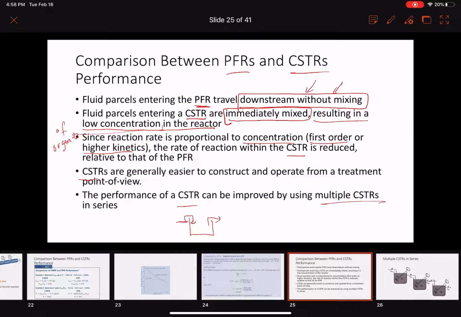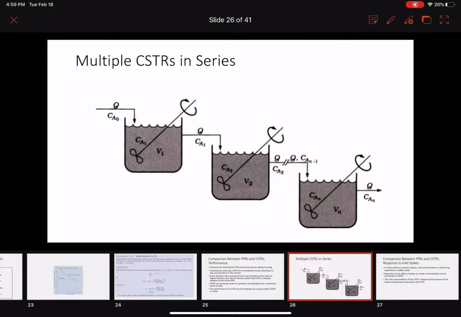Sometimes you'll have 3 CSTRs in series, depending on the final concentration of the pollutant that you want to get from the treatment. You can see these are multiple CSTRs in series.